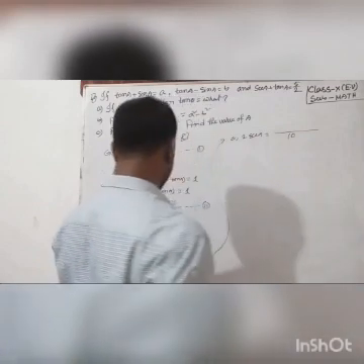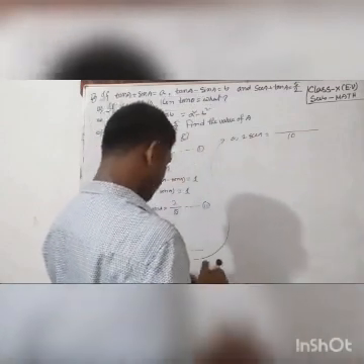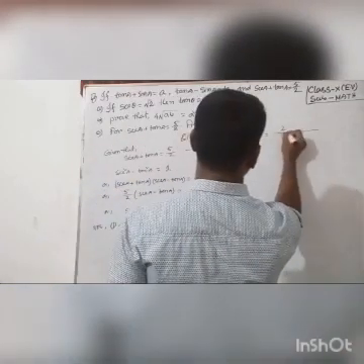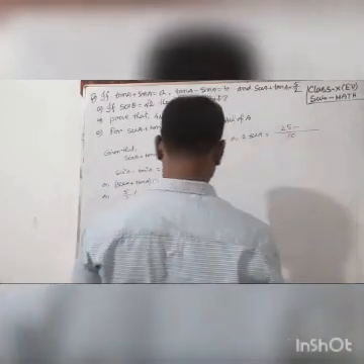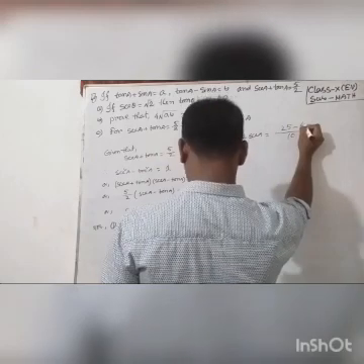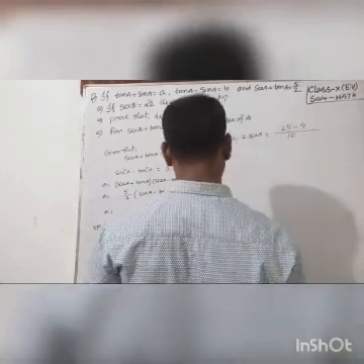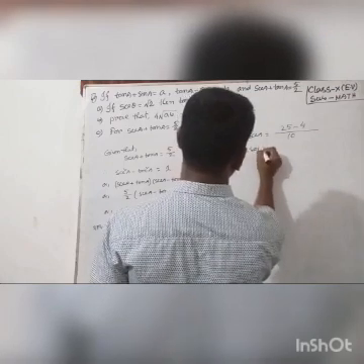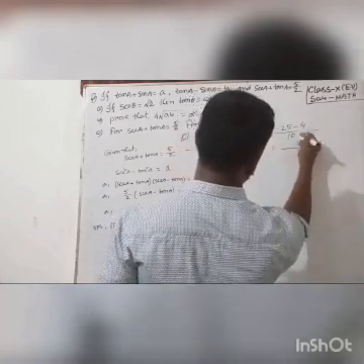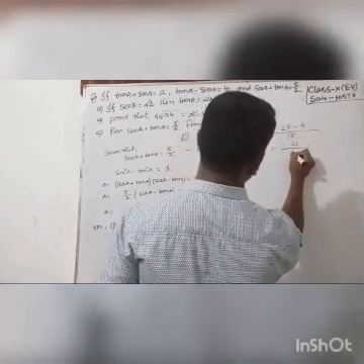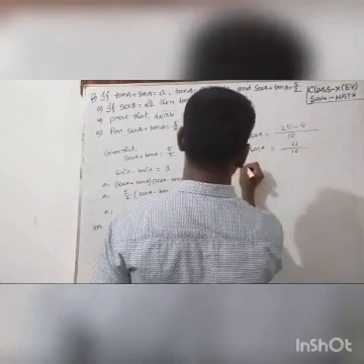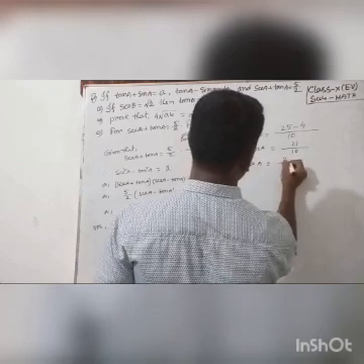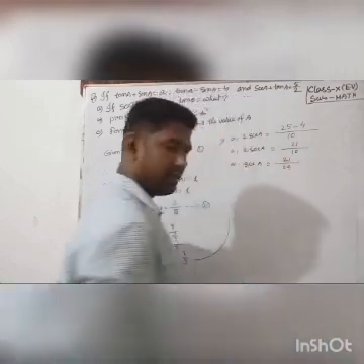When you divide it by 2, then it will be 5, and 25 plus 4. Okay, 2 sec a equal 29 by 10, or sec a equal 29 by 20.